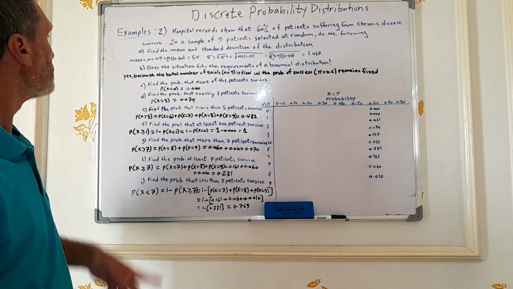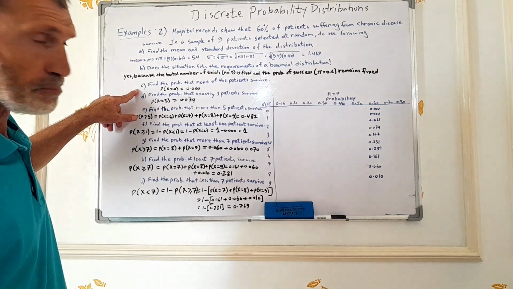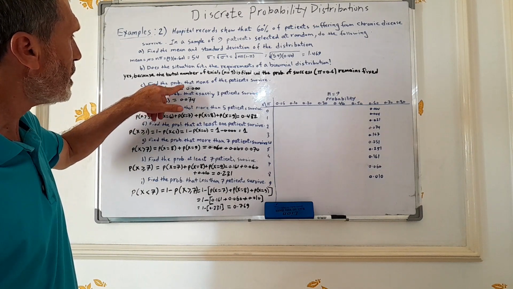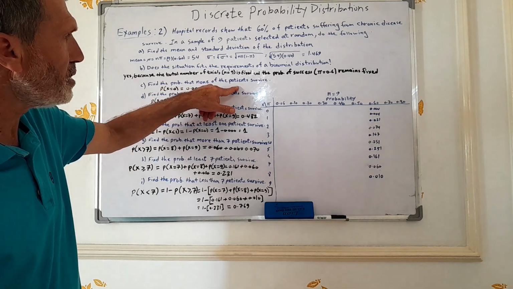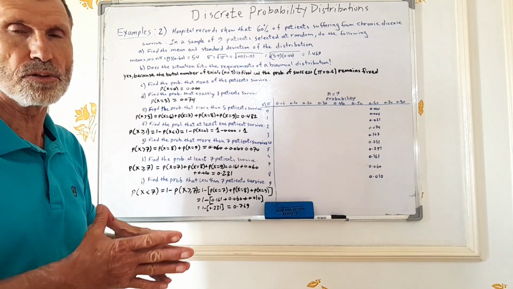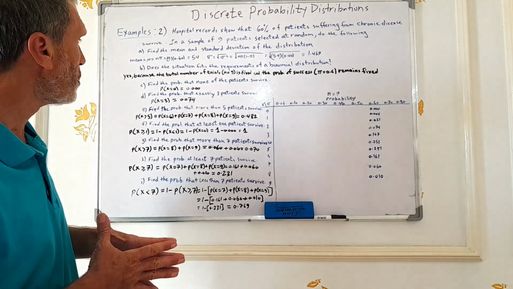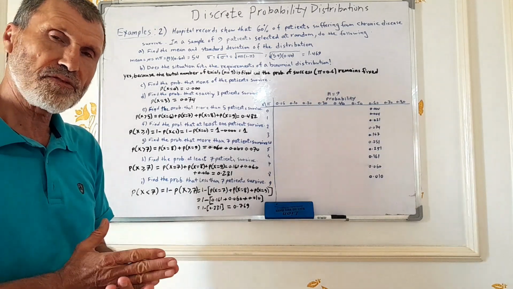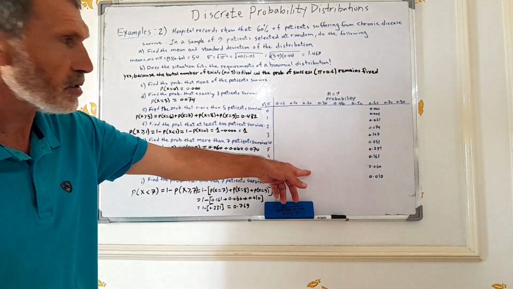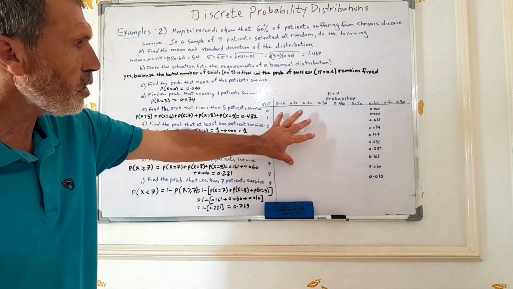Now we move to part C. Part C says, find the probability that none of the patients survive. Here we're talking about the probability of x equals 0. You can use the binomial formula, or you can use the table over here. The table will look like this.